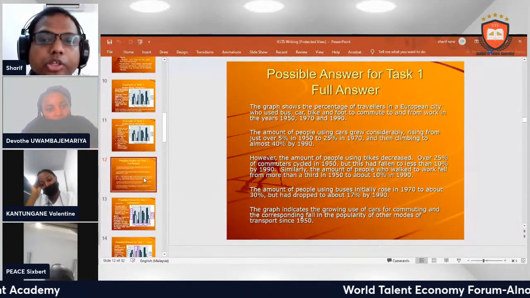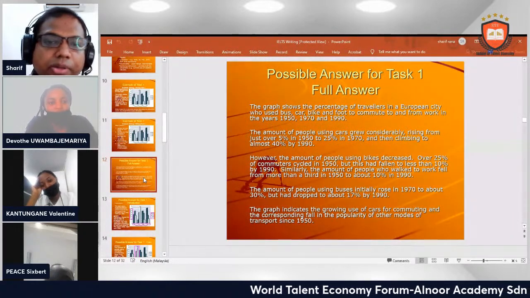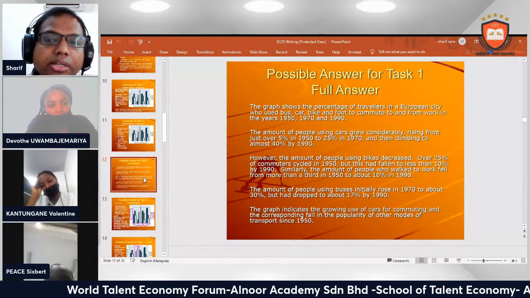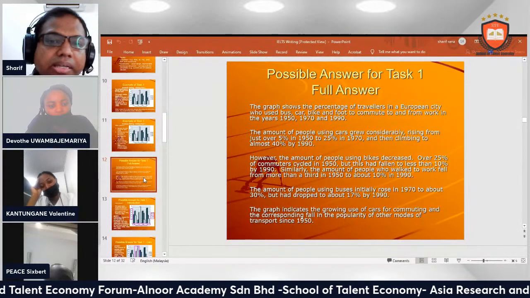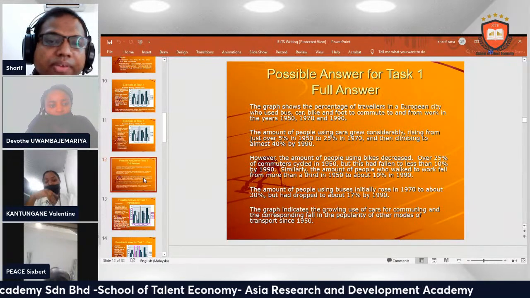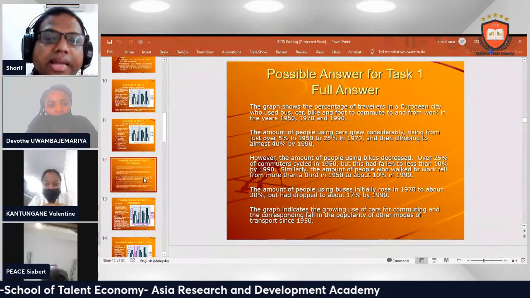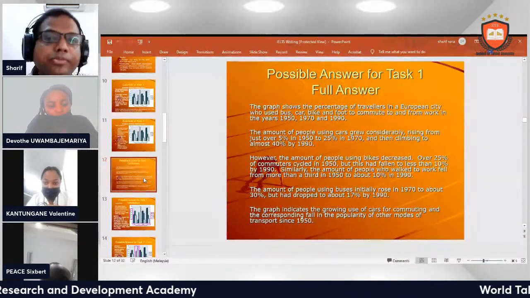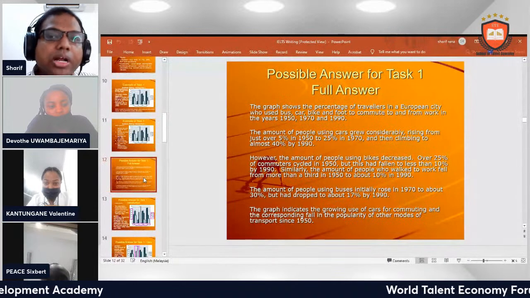However, the amount of people using bikes decreased, with over 25% of commuters cycling in 1950, but this had fallen to less than 10% by 1990. Similarly, the amount of people who walk to work fell from more than a third in 1950 to about 10% in 1990. This is an example of how you can organize your things.